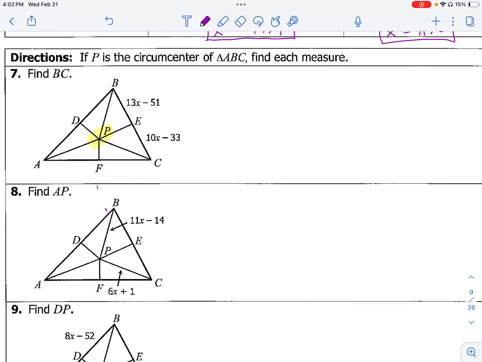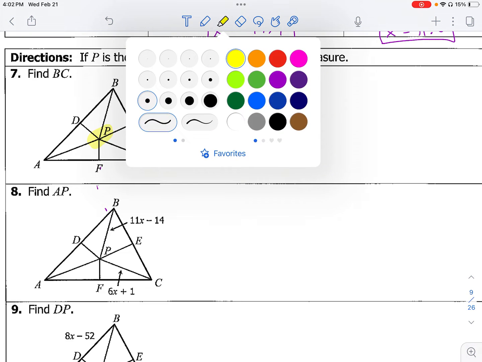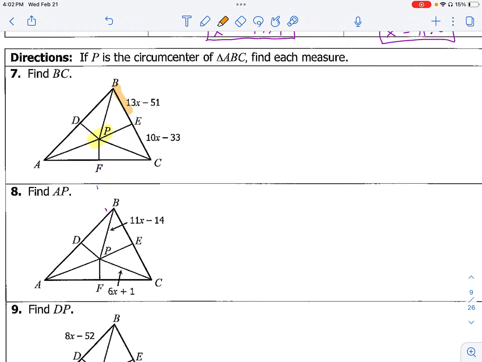And we want to find BC. BC is right here. We know it's a perpendicular bisector. So BE and EC are congruent. So we're going to set them equal and solve for x.